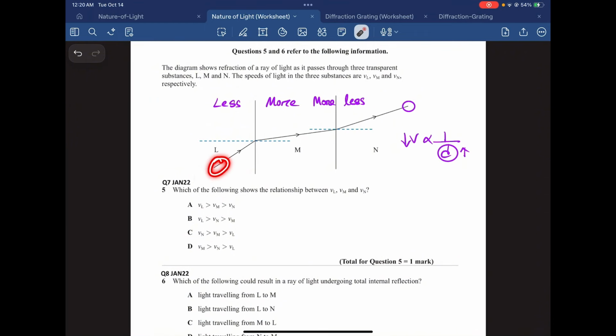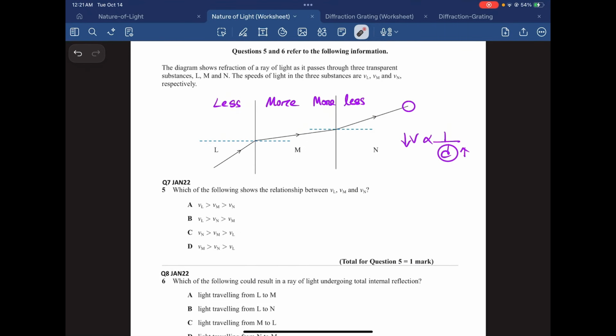It is very much away from the normal compared to this one. Compared to N, at L the speed of light is more because it is moving away from the normal more compared to this one.